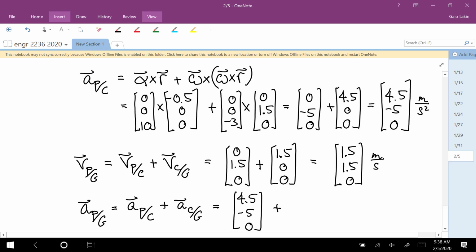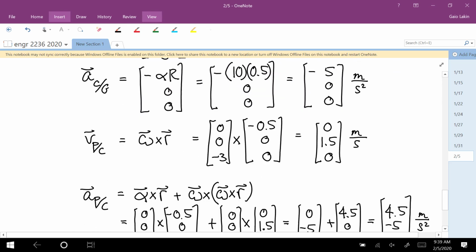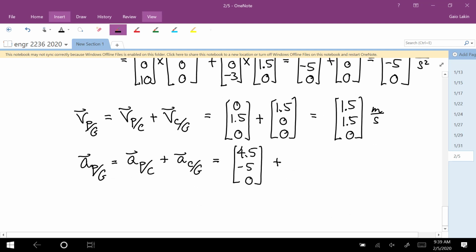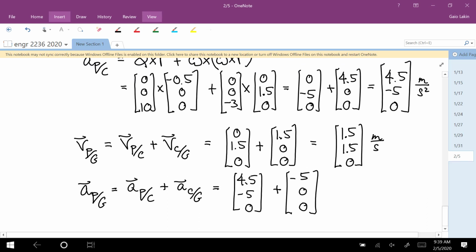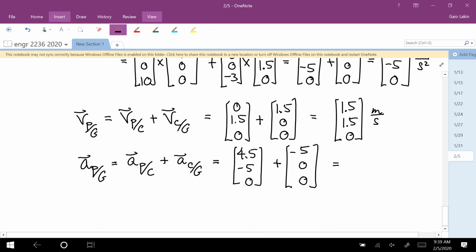Acceleration of the center relative to the ground is negative 5, 0, 0. And so add these two up, you get negative 0.5, negative 5, 0.